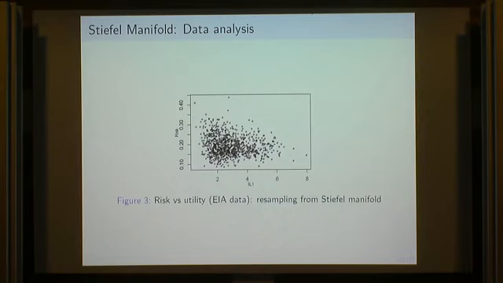In terms of the disclosure risk measure, of course, this is not a probability, these are some measures. This is not too high, but if you think about the information loss measure, this is too high. So it seems that by generating data from the Stiefel manifold, we reduce the risk, but we cannot ensure enough utility.